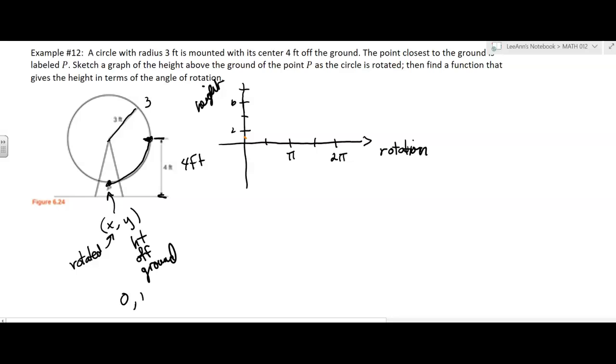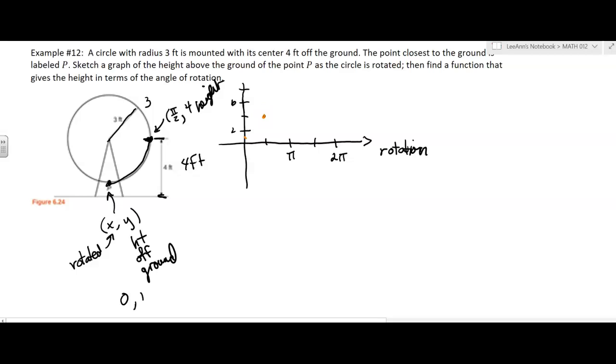I've rotated 90 degrees, or pi over 2. That's the rotation. And how far off the ground am I? Well, now I'm 4 feet off the ground. So pi over 2, 4 feet. That would be a point right there.